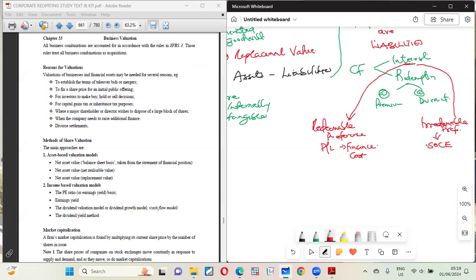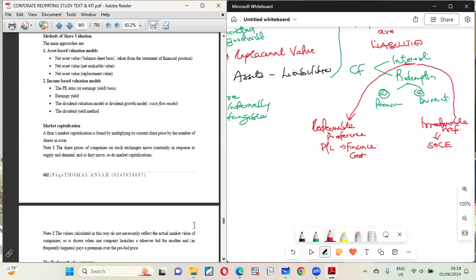In case you just want the market capitalization, it simply means the value of a business. If I have the price of one share and I want the total value of the business, which we call the market capitalization, another name for the equity is market capitalization.